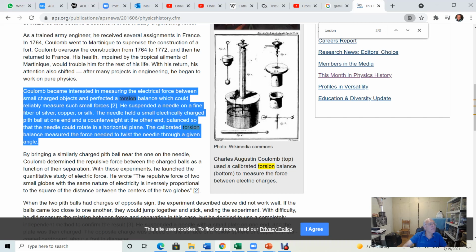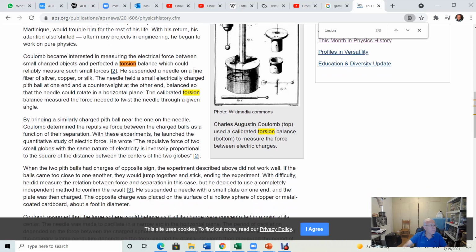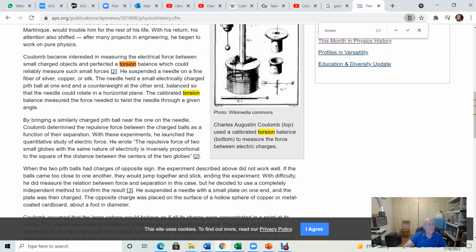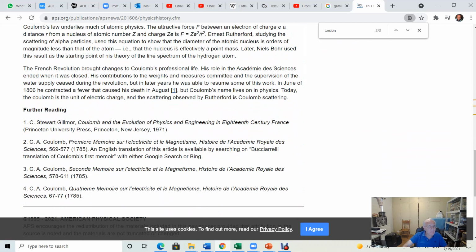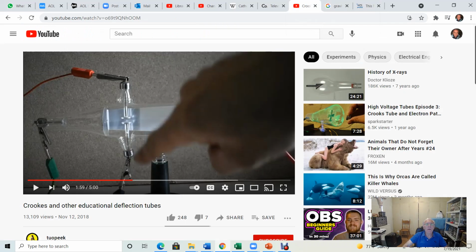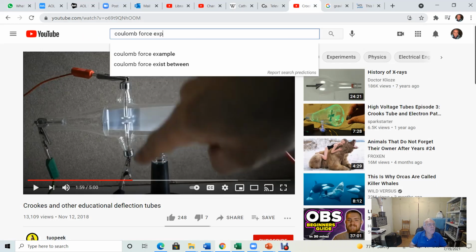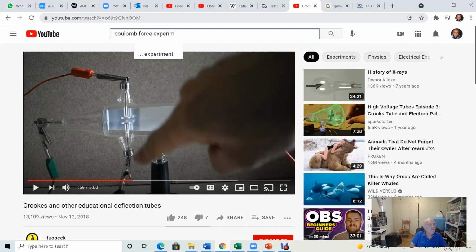He went to Martinique, okay, he stayed in Martinique until 1772, so he did that after 1772. Okay, let me see if they have a better one, let's take a look at YouTube, okay? Coulomb force experiment. Let's see if they have it.